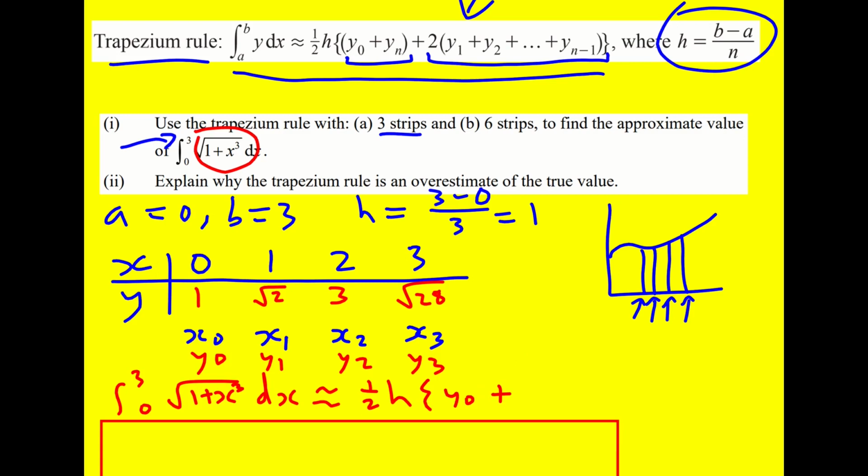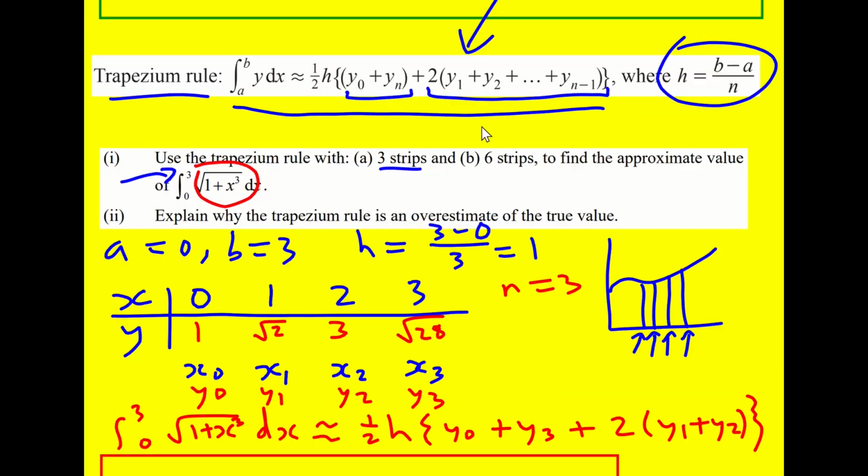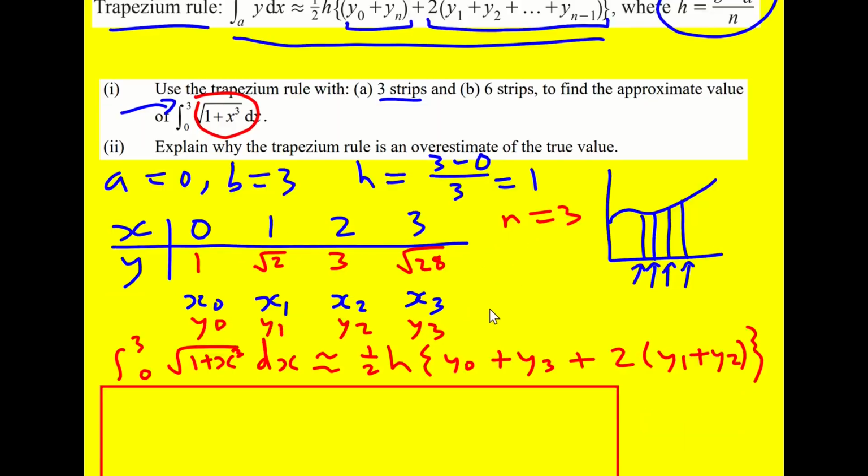Remember, n is 3 here. Probably should have said that. N is 3, so we're going to add on y3, and then we're going to do 2 lots of y1 plus y2. Curly brackets are used just because we've got brackets inside brackets, and it shows you that those two go together.